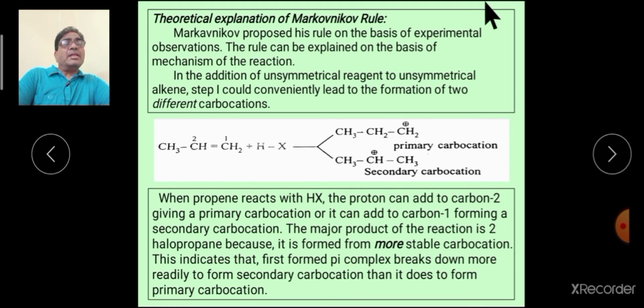The major product of the reaction is 2-halopropane, because it is formed from the more stable carbocation. What is a more stable carbocation, we are going to see in the next diagram. This indicates that the first-formed pi complex breaks down more readily to form the secondary carbocation than it does to form the primary carbocation.